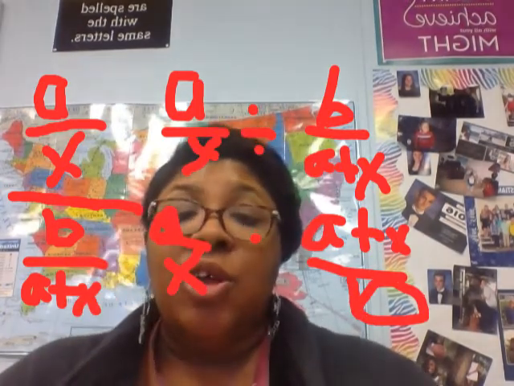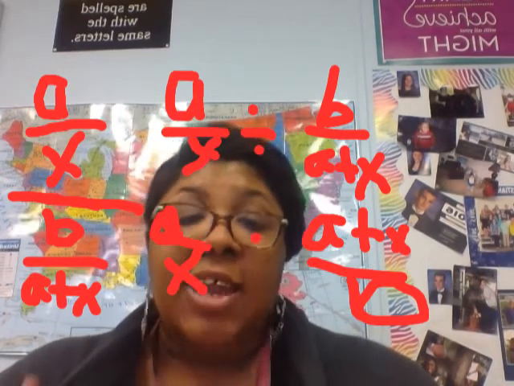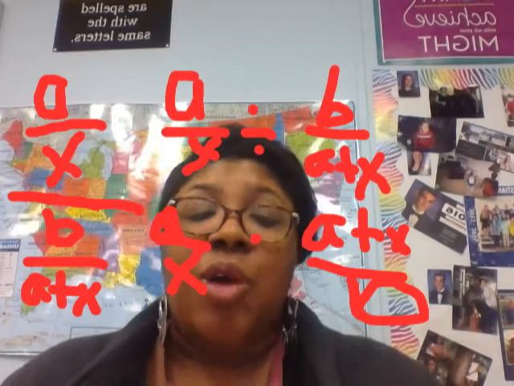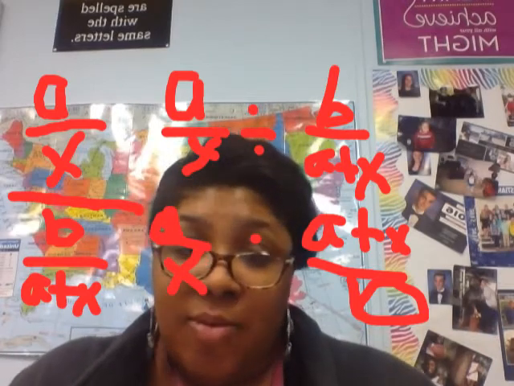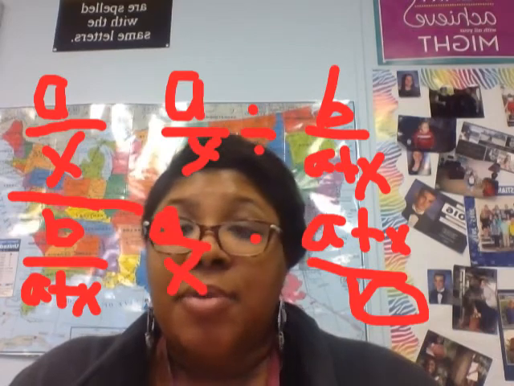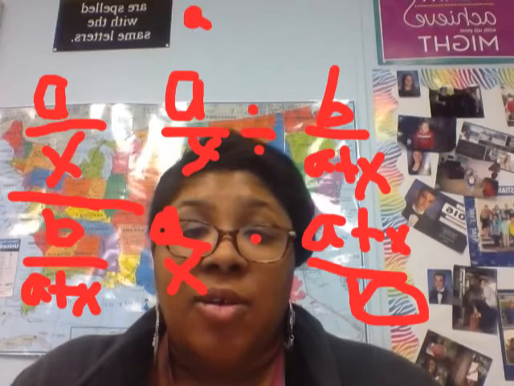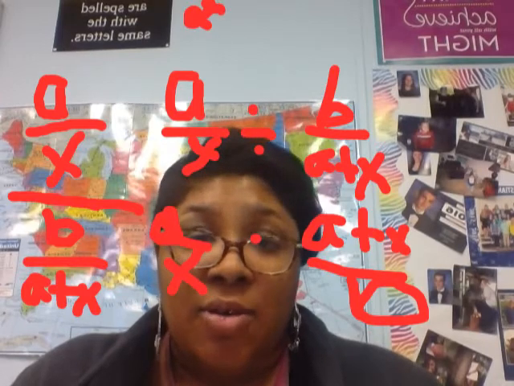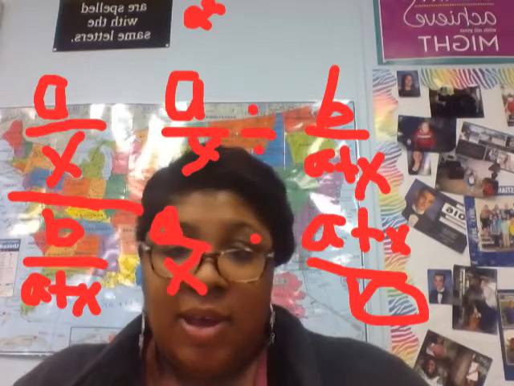So here, when you multiply your numerators, you have an A and then you have an A plus X. You have to use distributive property. Okay, you must use distributive property. So I'm going to come up here and I'm going to try to make it small. Your answer would be A squared.